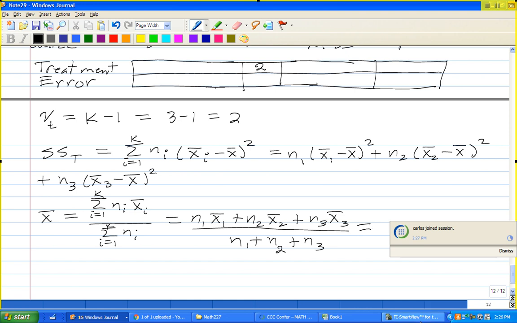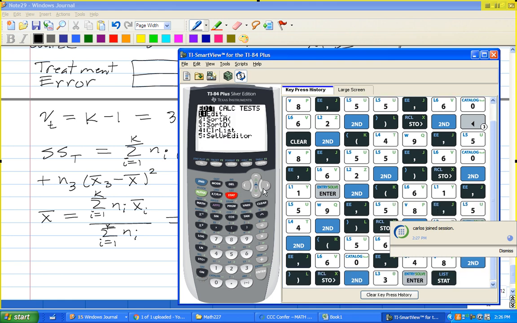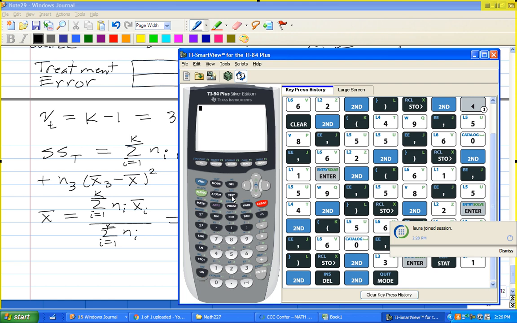So the sample sizes: stat, L1, 1-Var Stats of L1.